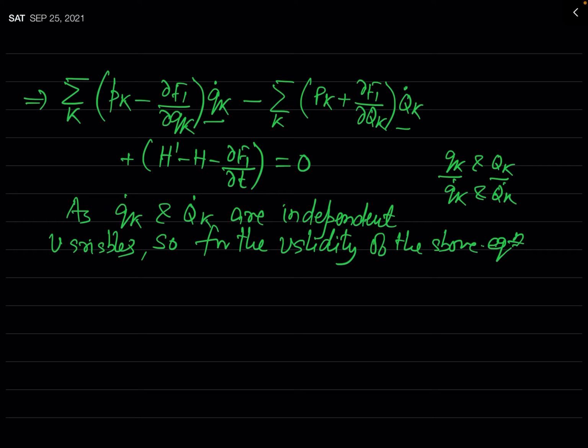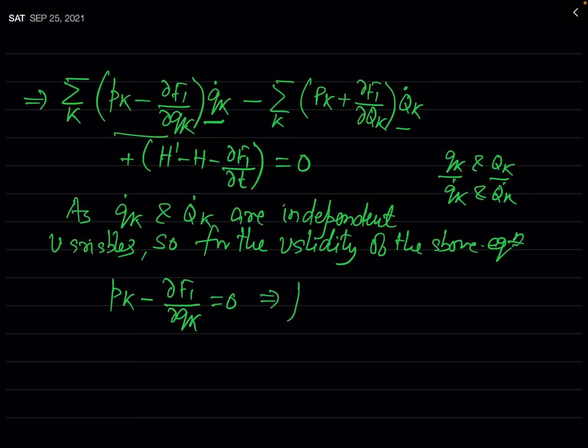So now you can equate Pk minus del F1 by del Qk equal to 0, because in the first term you can see the coefficient of this Qk dot is this much. So this will be equal to 0.